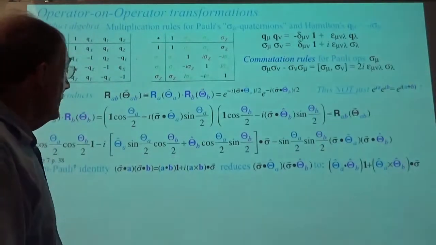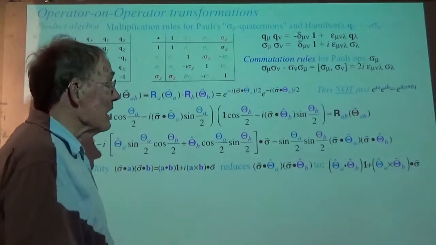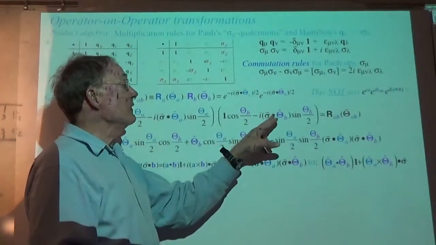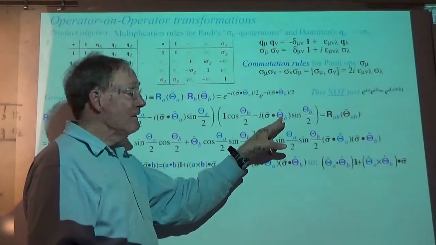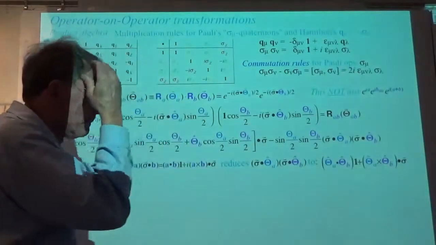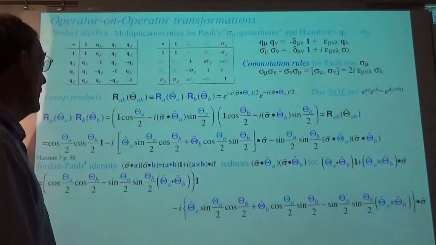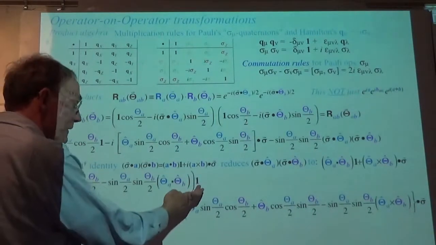So we're going to end up with a whole bunch of things that consist of a combination of a unit thing and a sigma dot some vector thing. That's what we're going to end up with. Well, here they are. Here's the unit thing.